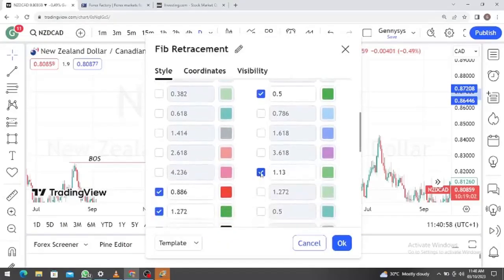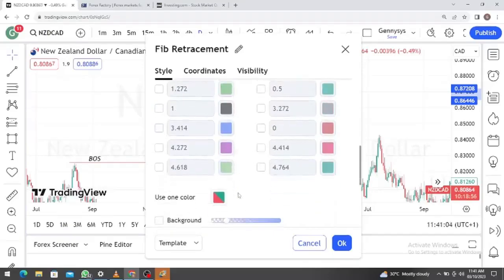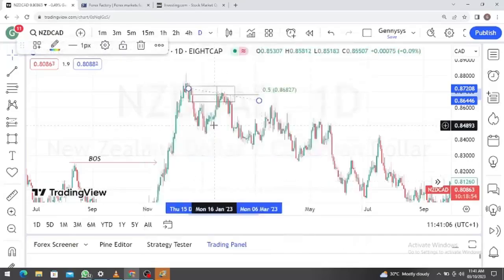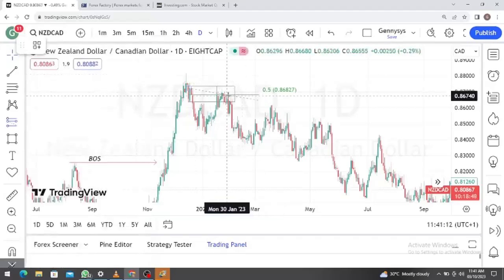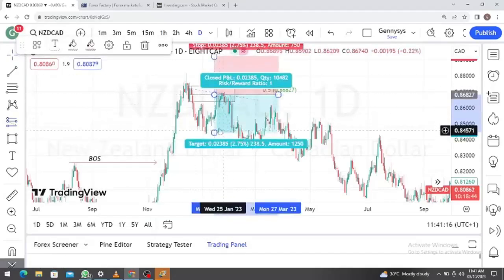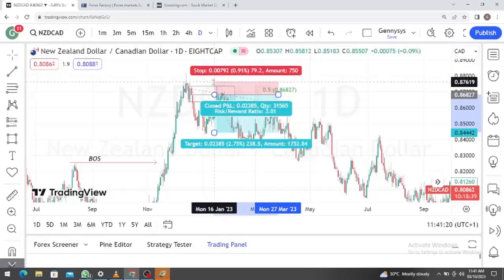So I'm using my Fibonacci with just 50% marked. That's the 50%. So place the sell right on the 50% here. Place the stop loss on top, at the top of the wick of that candle, right?